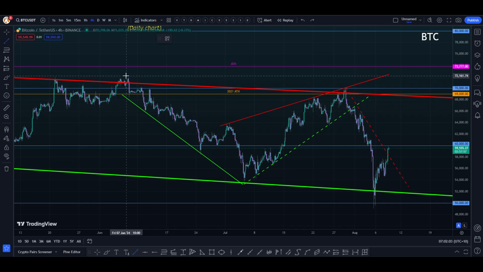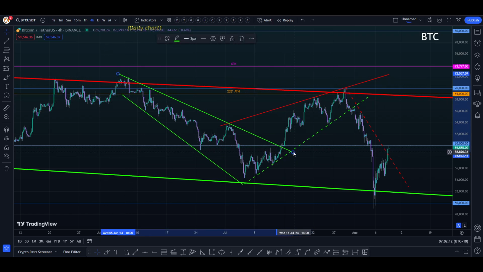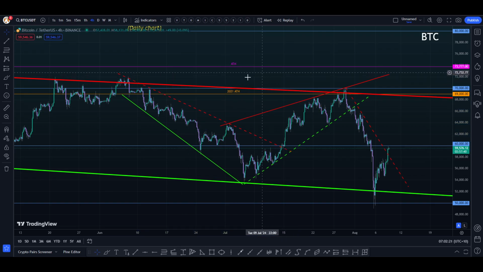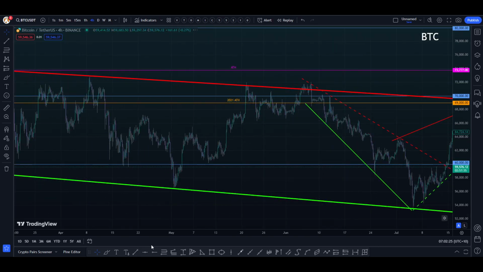And the resistance side, of course, eventually did break as well. That was a declining or expanding, a falling, broadening wedge, if you will. That was resistance. Everything top side's red, everything bottom side's green. Here was another green one.